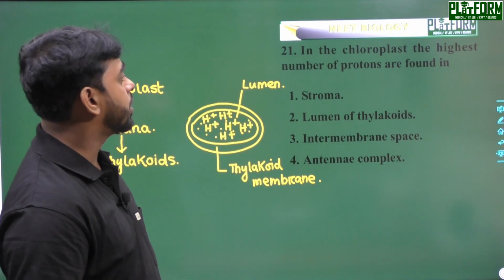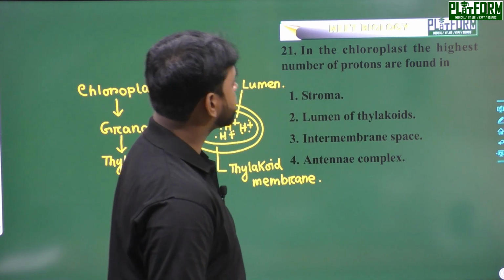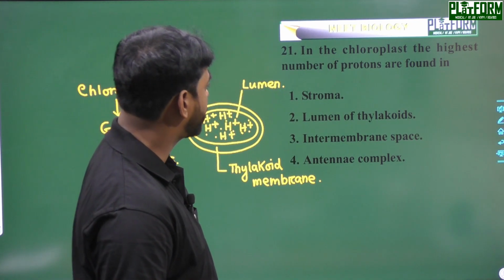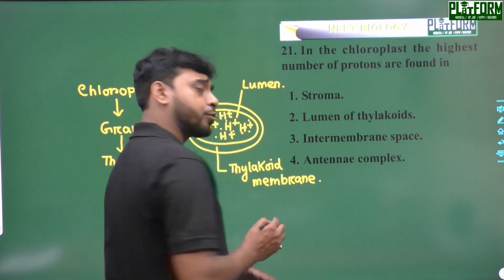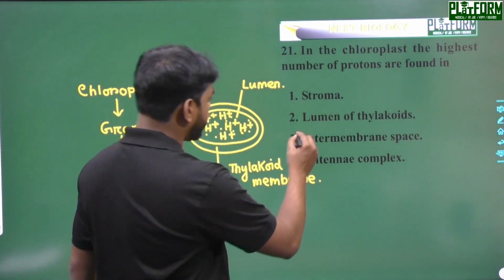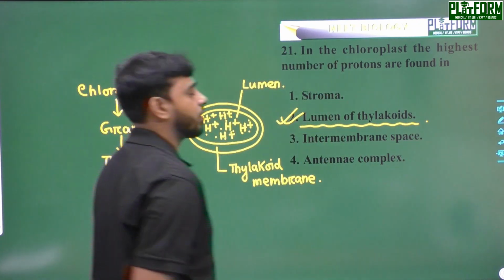So in this question it is written that in the chloroplast the highest number of protons are found in, where the protons are deposited, and definitely the answer will be the lumen of the thylakoid.